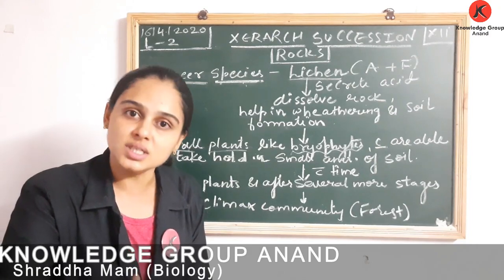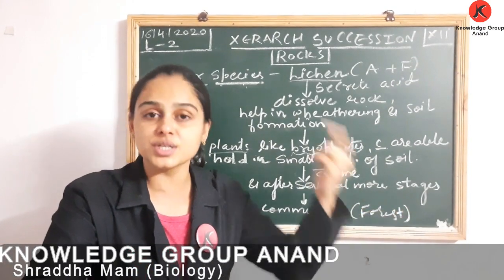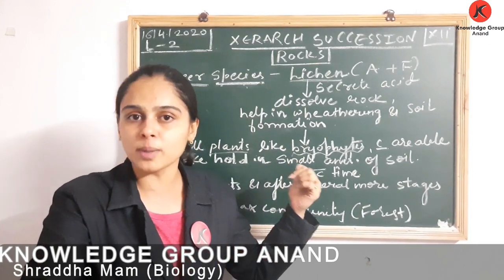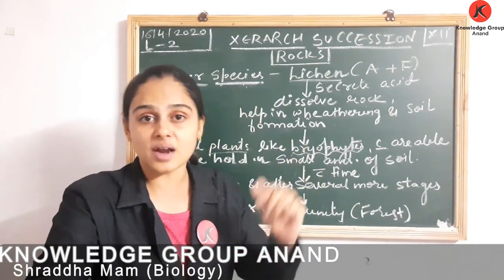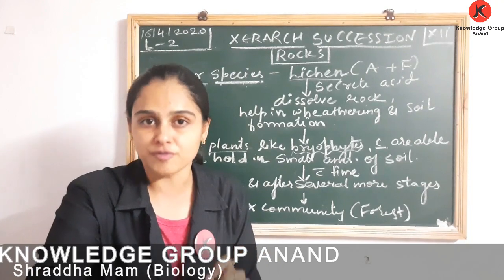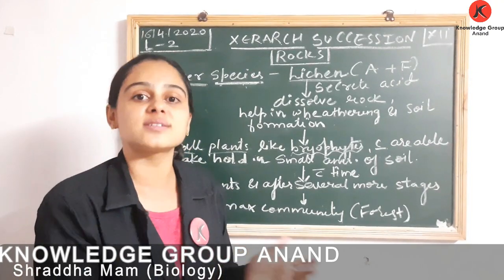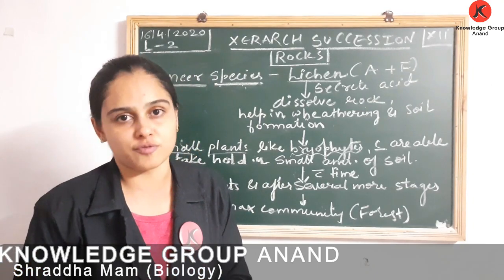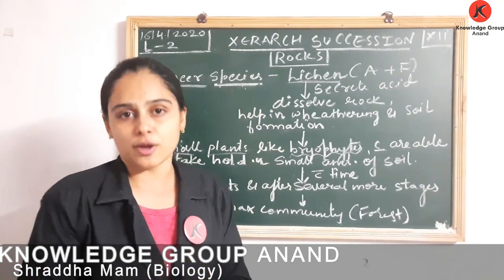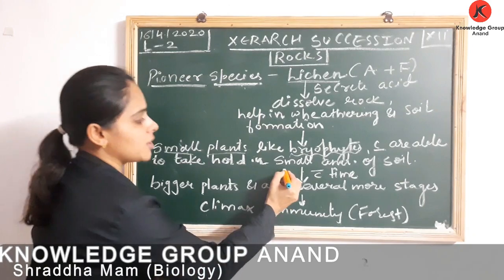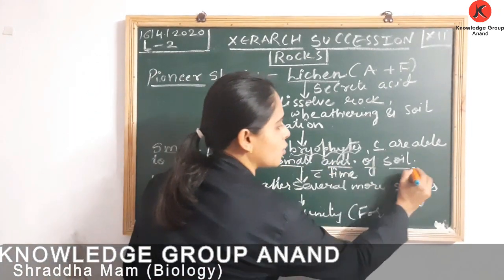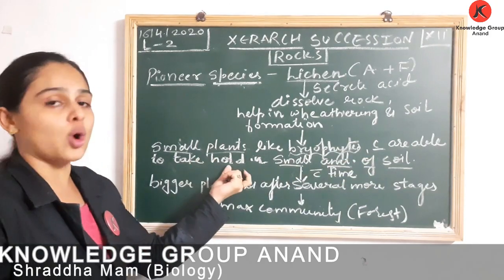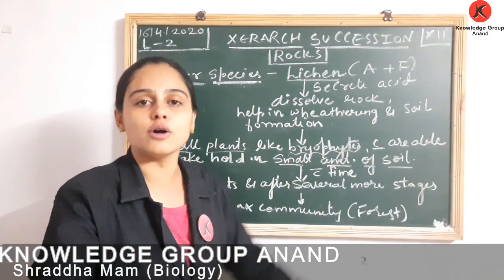Seral communities, where one organism is replaced by another organism. Here, who replaces whom? Lichens are replaced by bryophytes. They themselves create such a condition which is suitable for bryophytes. We very well know that bryophytes can survive in a small amount of soil. They can have a very nice hold in a small amount of soil.